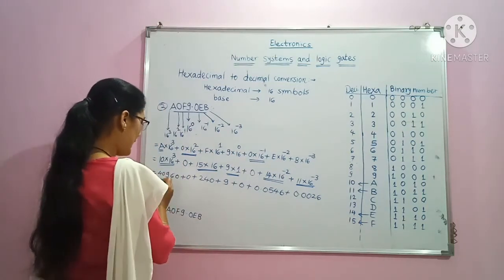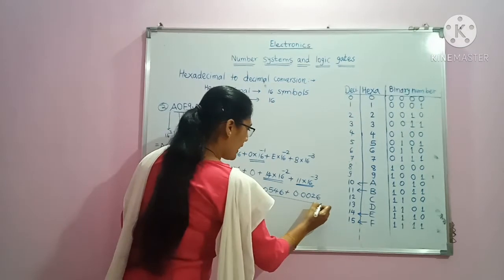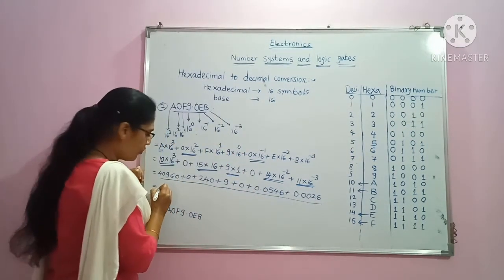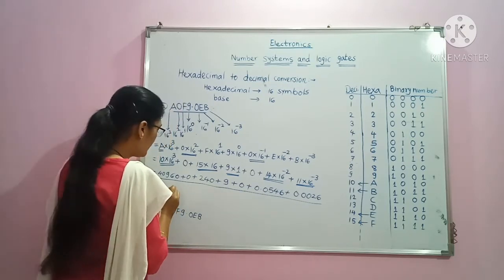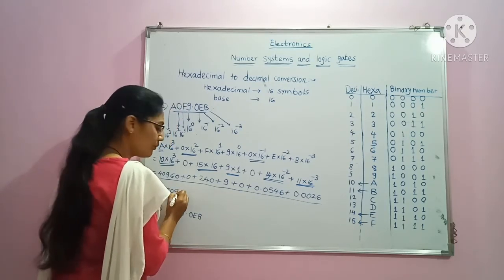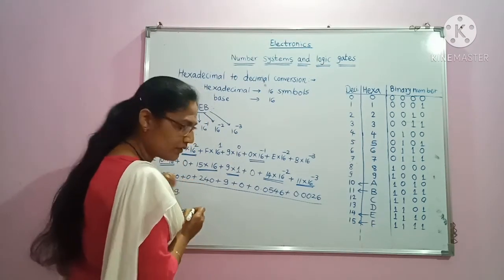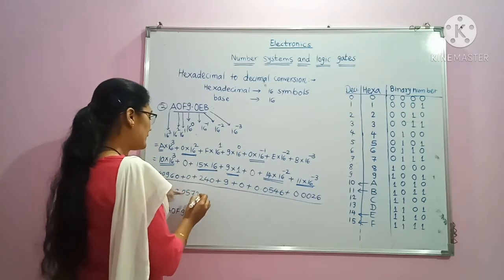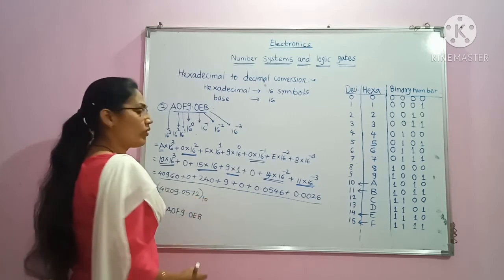And if we add everything, it gives the final answer as 41209.0572, and it is in decimal form.